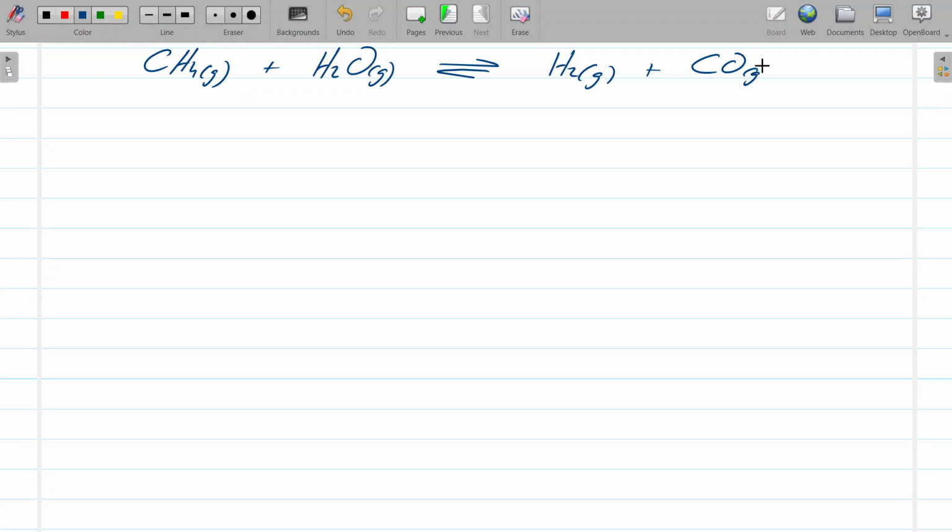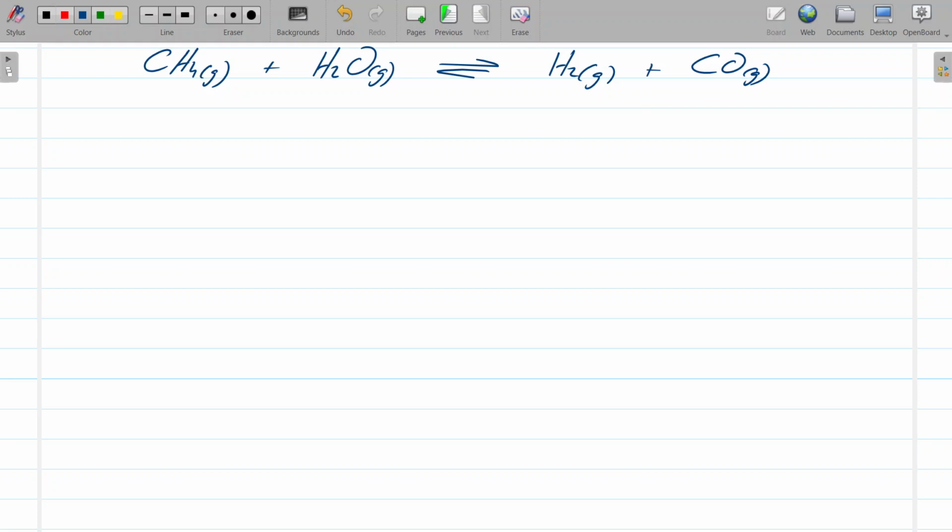So this is what it looks like. You have CH4, which is a gas, that's methane, and you've got H2O, but as a gas, and you are getting hydrogen and carbon monoxide. You guys want to balance this?